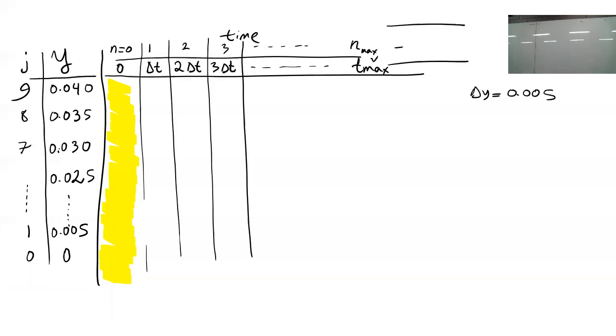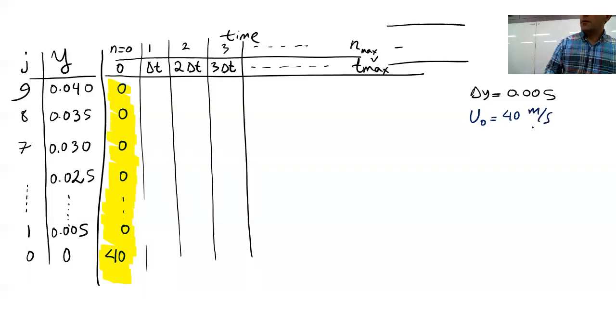At time equals 0, all the fluid and plates are at 0, and at t equals 0 we start pulling the bottom plate. So everywhere else is 0, except the bottom plate, which is 40 meters per second. That is my initial condition on the bottom plate, again given by the problem.